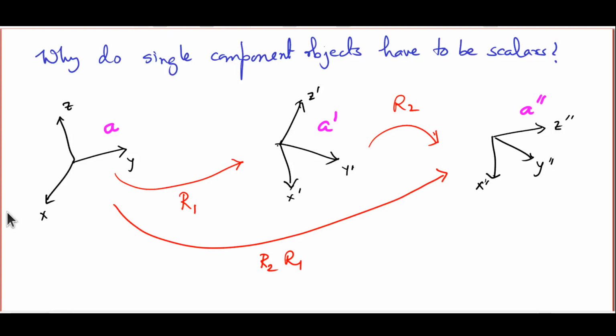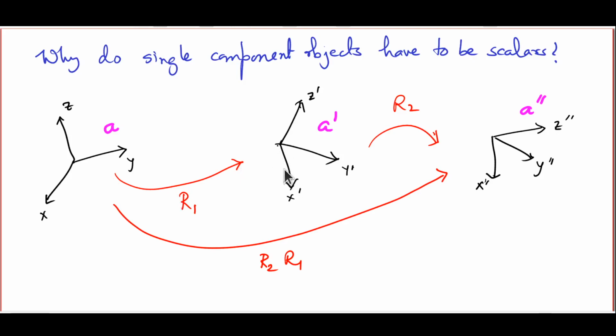To address this question, let us take a look at this setup. Even with my poor drawing skills, I'm pretty sure I've been able to do justice to this situation. You have 3 coordinate systems. You start with an original one labeled x, y, z on the left here, and in that coordinate system, the single number which describes our object has a value a. Now we carry out a rotation r1.